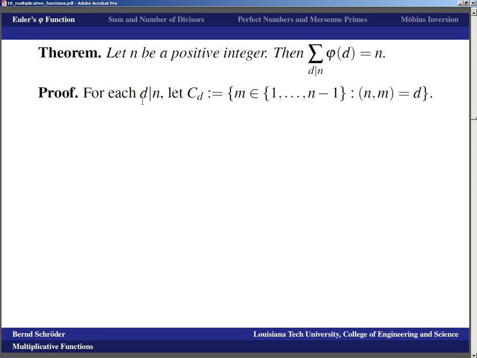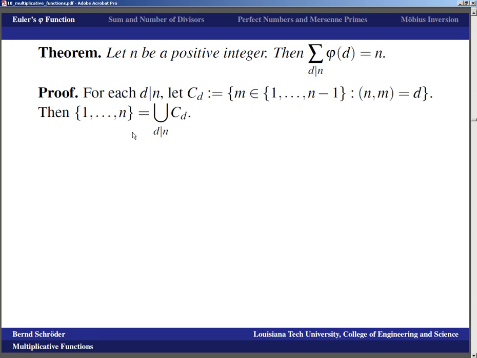So basically, for each divisor d of n, we will let c sub d be the number of all numbers m between 1 and n minus 1, so that the greatest common divisor of n and m is d.